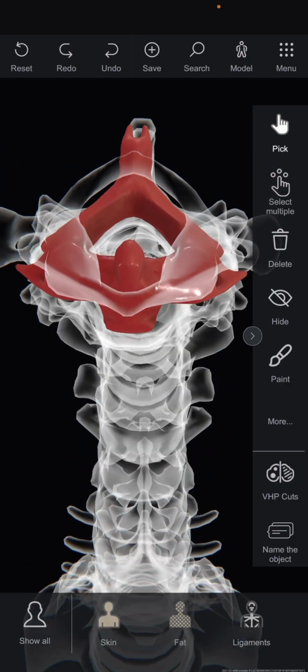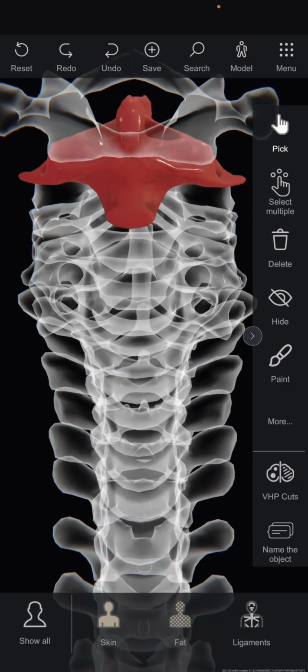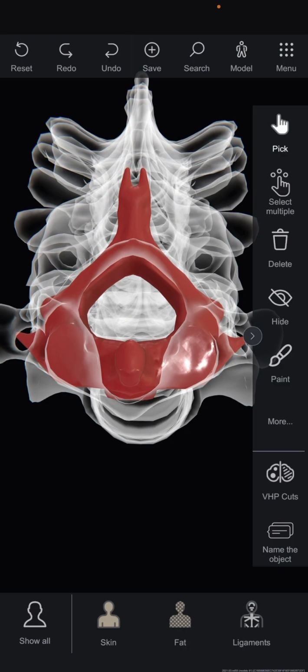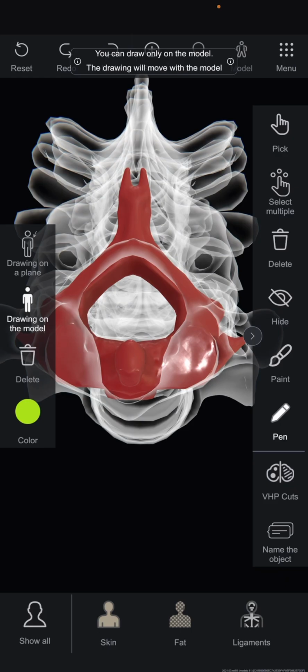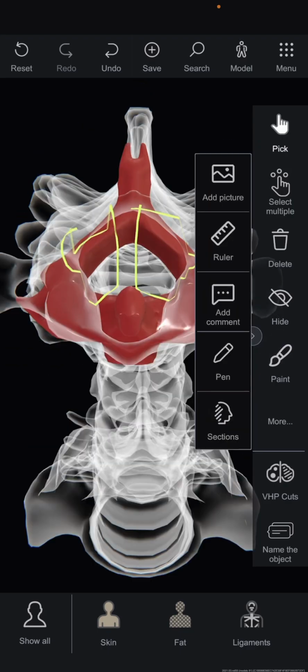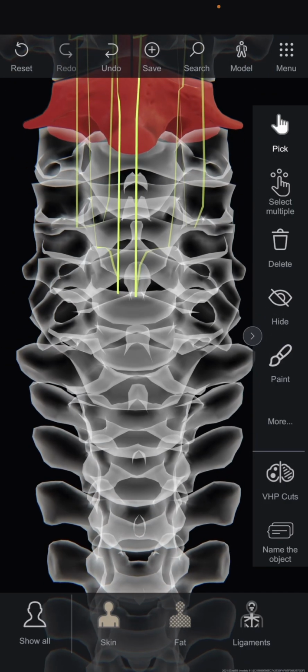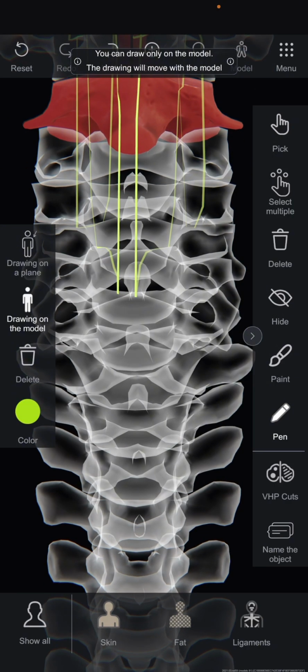But here we can see we have two parts: this is the arcus vertebra, and you can see the body here from below. So we have a body here; except for the C1 vertebra, the other vertebrae have a corpus, or body.